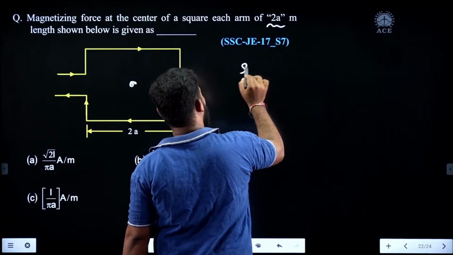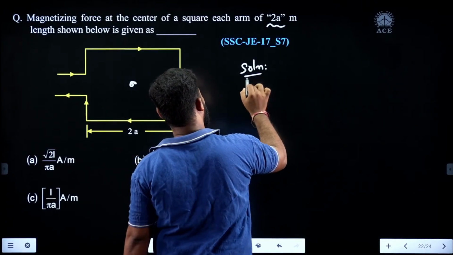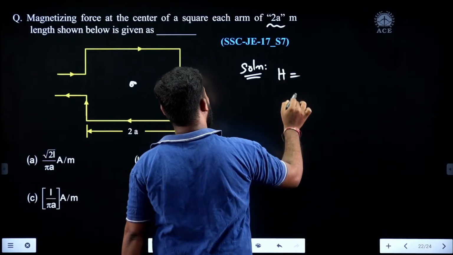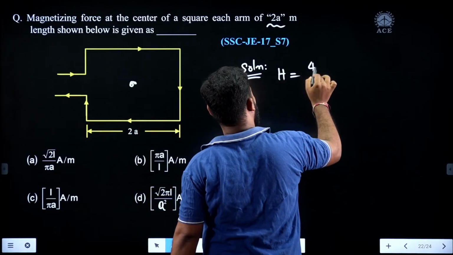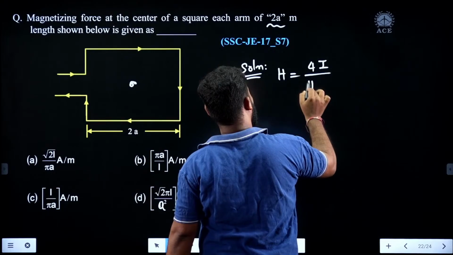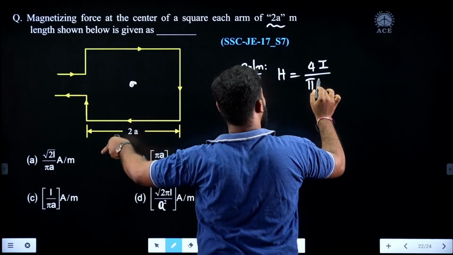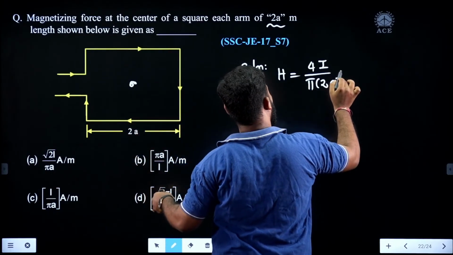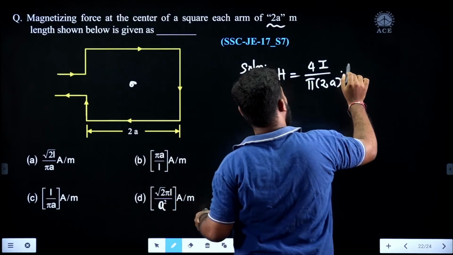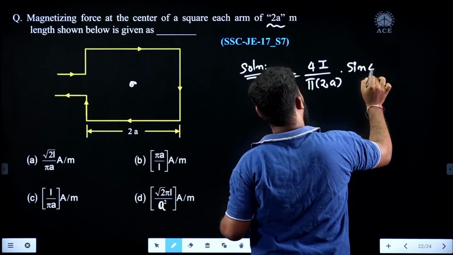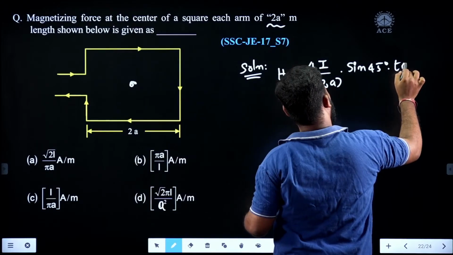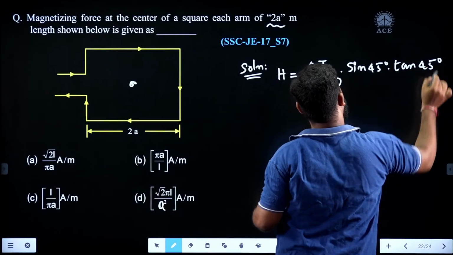So directly you can use the formula I have given. So H is equal to, how many sides here? 4I by pi into d. What is the spacing here? Side is 2a, into sine of 45 degrees into tan of 45 degrees.